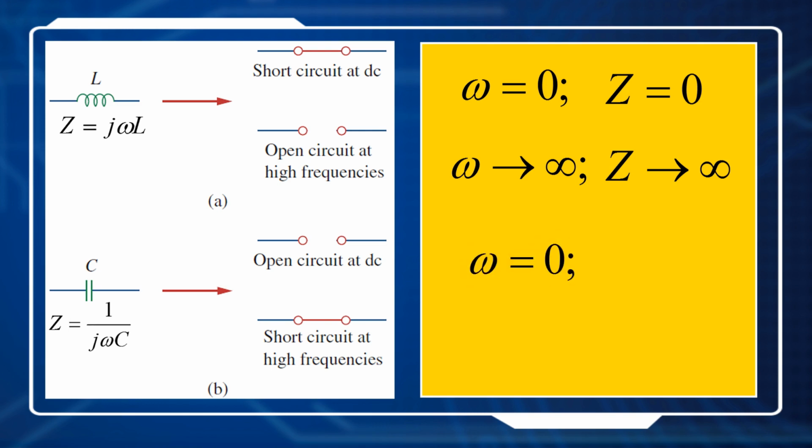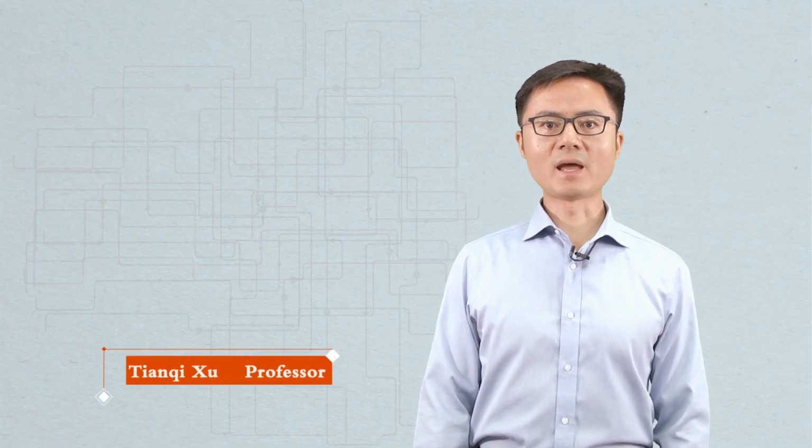When omega equals 0, which means direct current, Z is approaching infinity, which means the capacitor is an open circuit at DC. However, when omega is approaching infinity, Z will be 0, which means the capacitor is a short circuit at high frequencies. This is the end of this section.